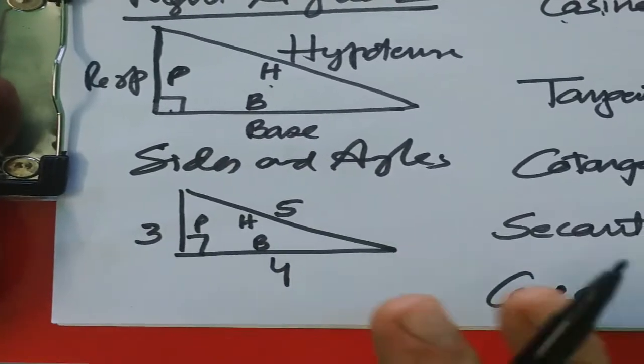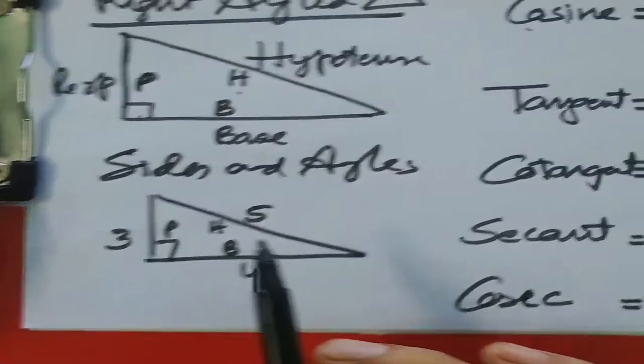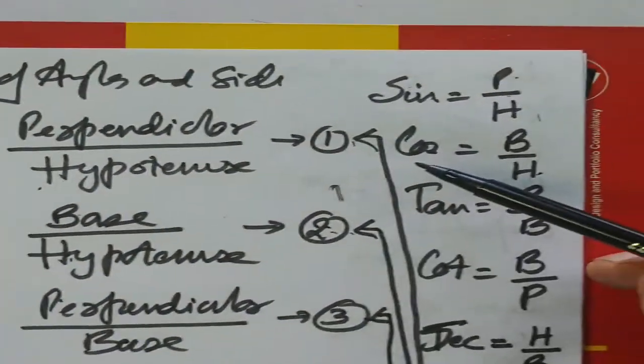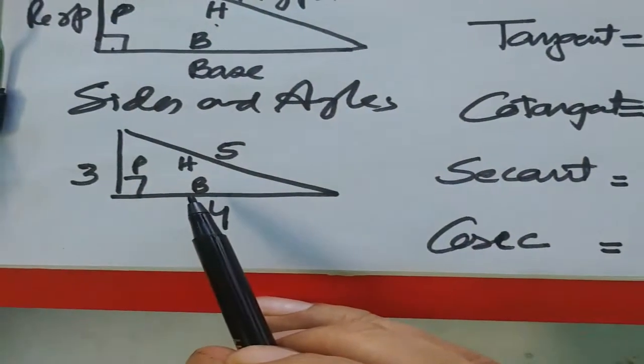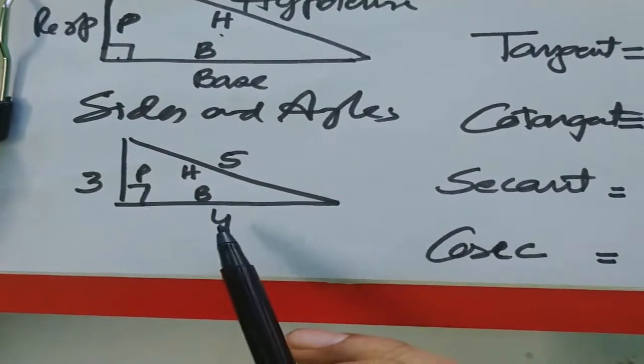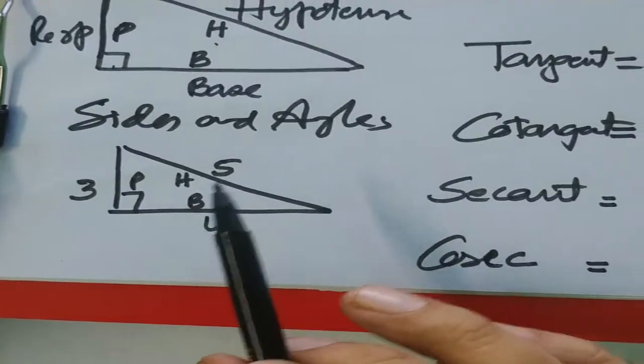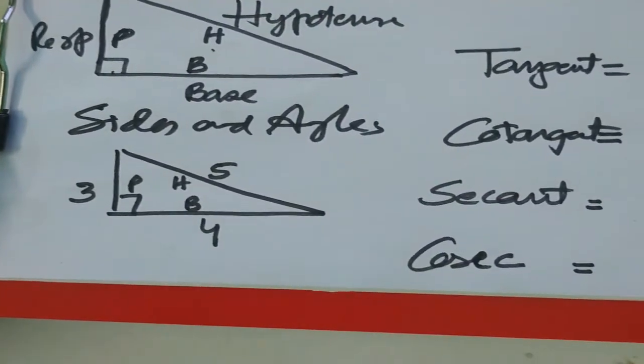It is a ratio. Then cos is equal to B upon H, which means base upon hypotenuse, 4 upon 5. It is a ratio, so leave it as a fraction only.